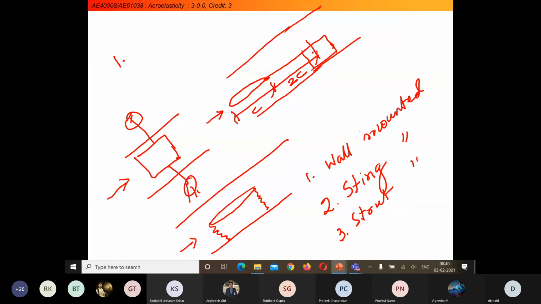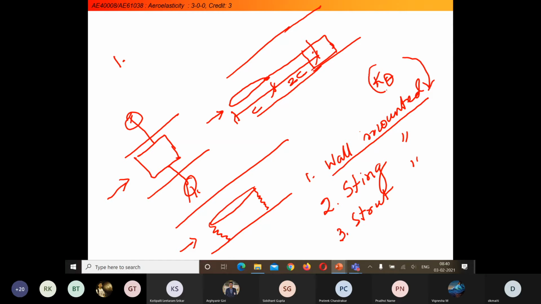Then we have to collect the data from the wind tunnel in an appropriate manner, and plot it to find the divergence speed from that particular model. The idea is that in the wall mounted model, the rod should be such that it has the torsional stiffness k theta we would get from an actual wing model.